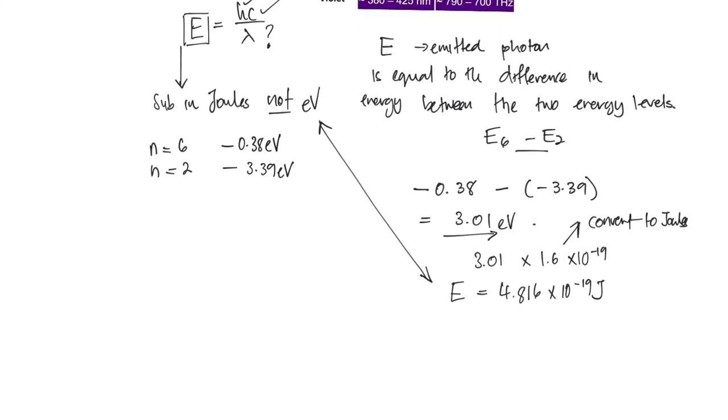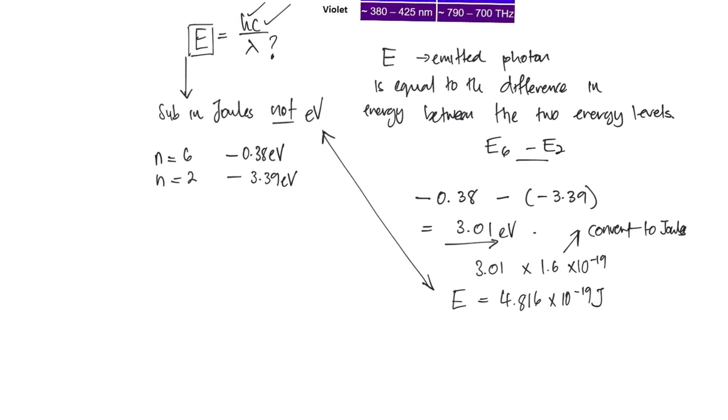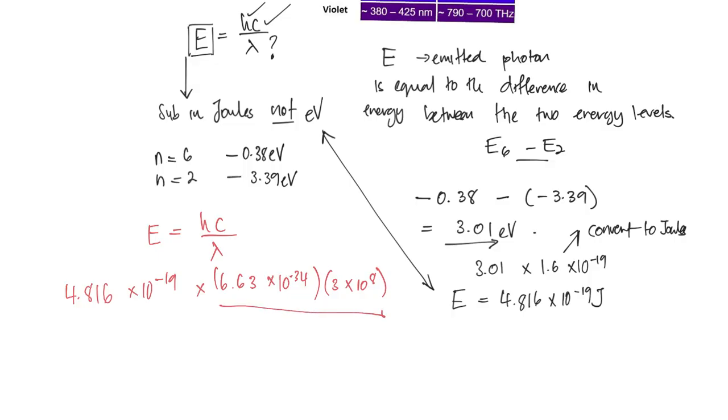So all I'm going to do now is write down E is equal to hc over lambda, where E is equal to 4.816 times 10 to the power of negative 19, and hc is 6.63 times 10 to the power of negative 34 multiplied by 3 times 10 to the power of 8, all over lambda.